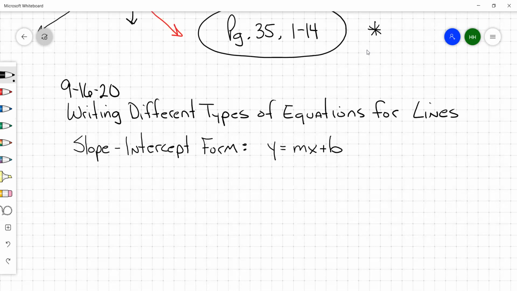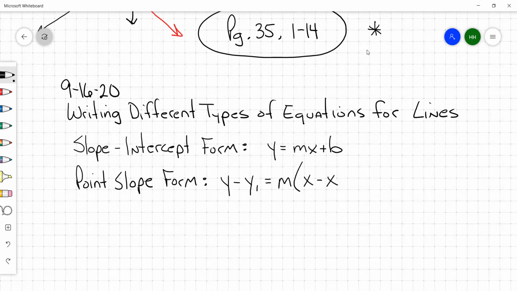Then we're going to talk about two other forms today. One of them is called point-slope form. Point-slope form looks like y minus y sub 1 equals m times x minus x sub 1.